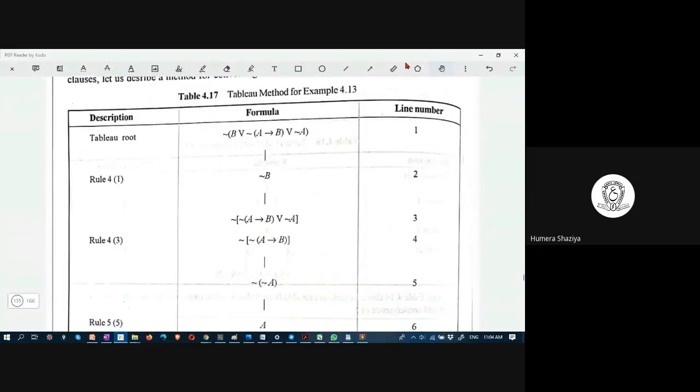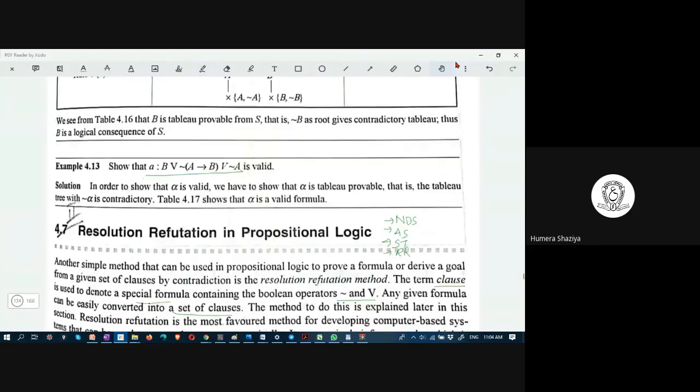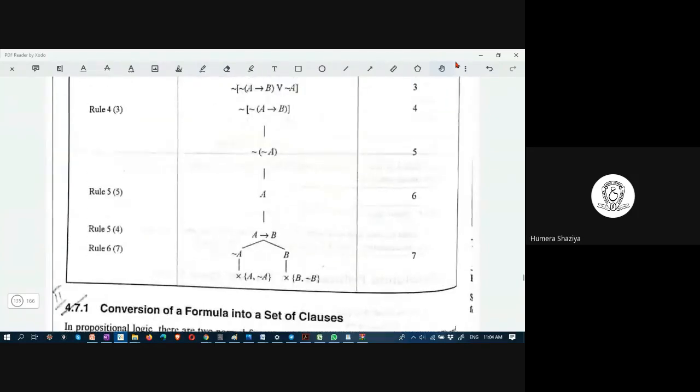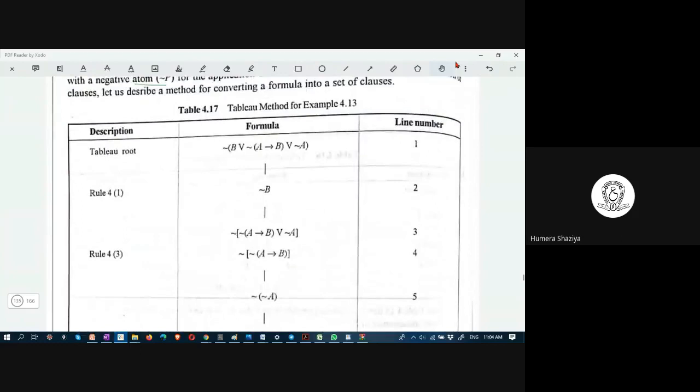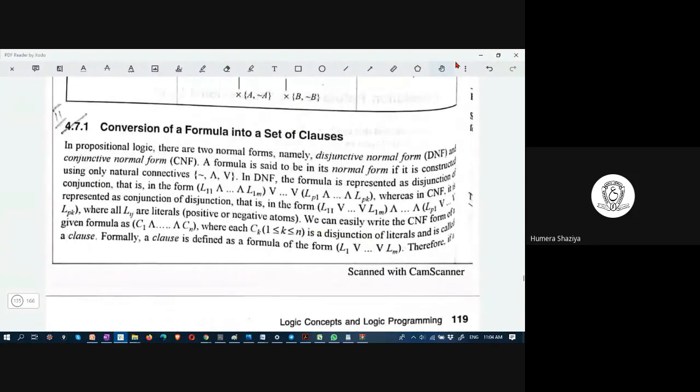This is the tabular method. For example, for this example, this one is the tabular method. We know how to do this. Please try to solve that.